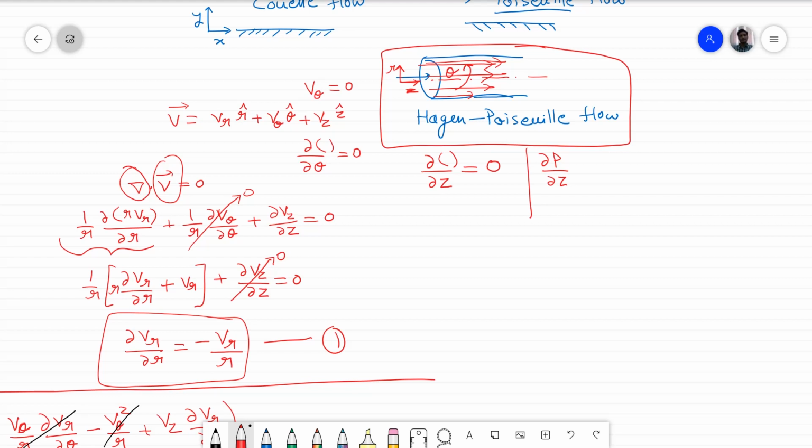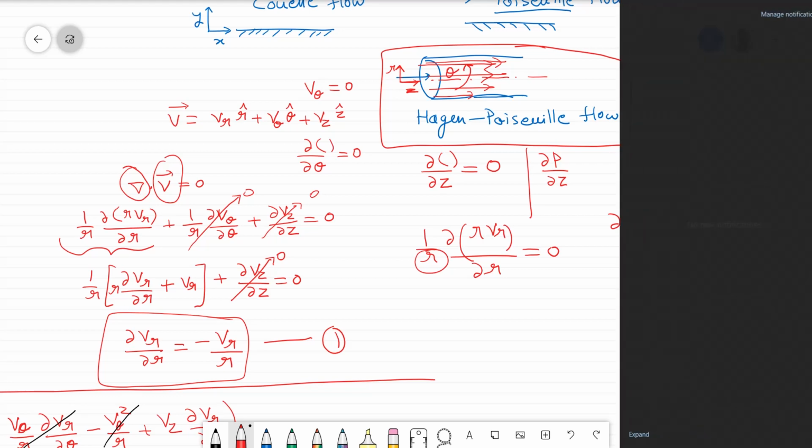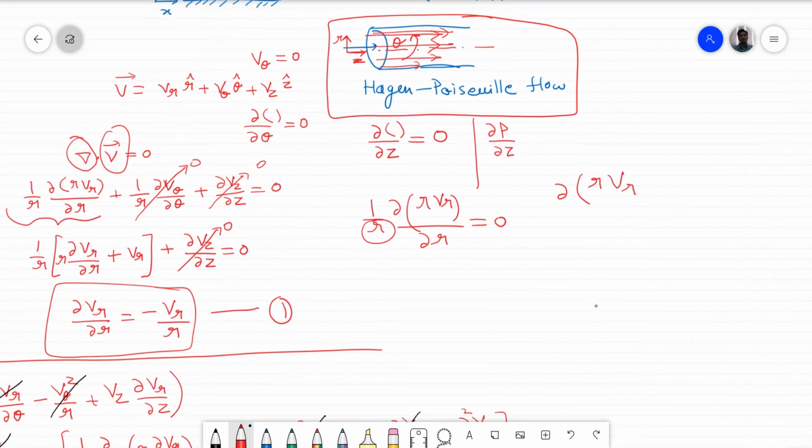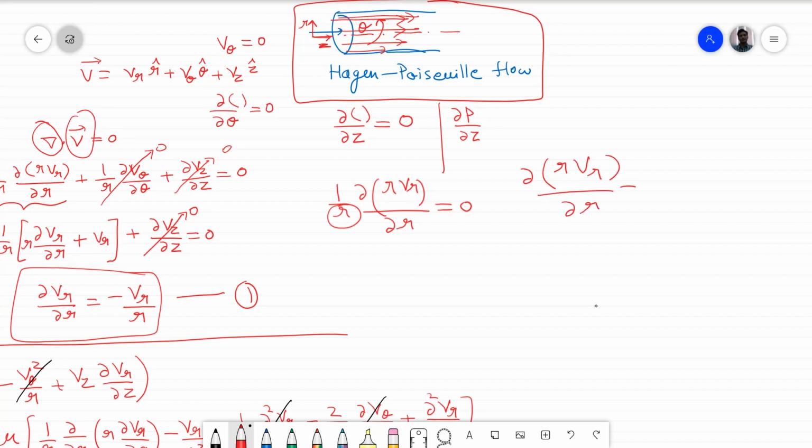If you see the first term here, because of the fully developed flow, this term goes to 0. So the first term says that 1 by r d(r Vr) by dr is 0. There is always some r value there, so this equation is valid except at r equal to 0.